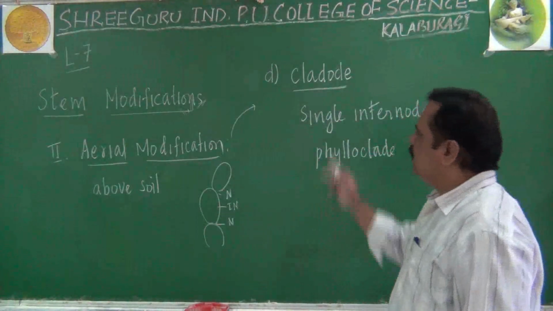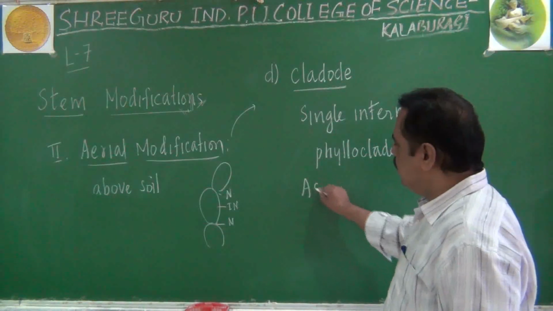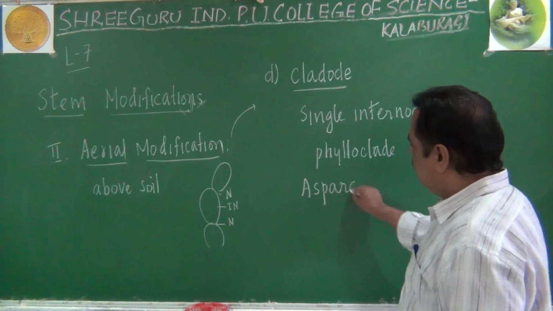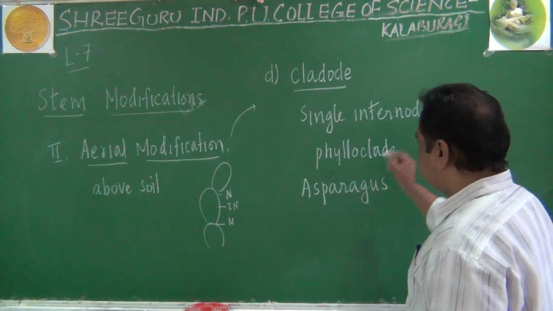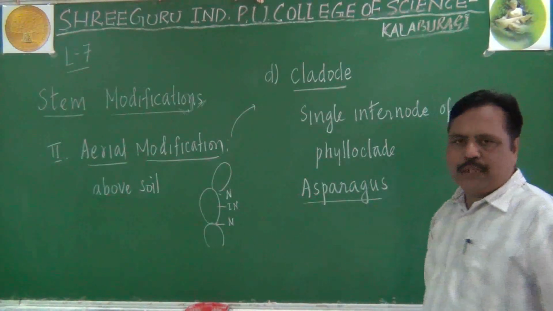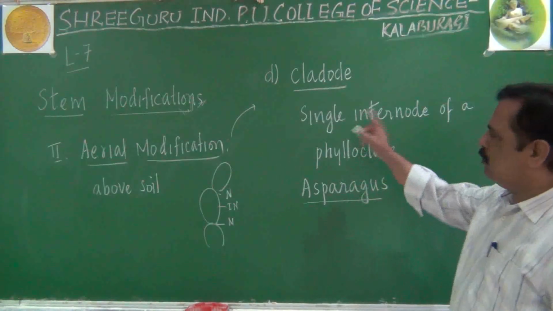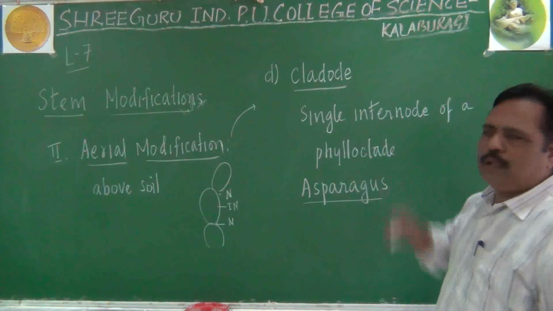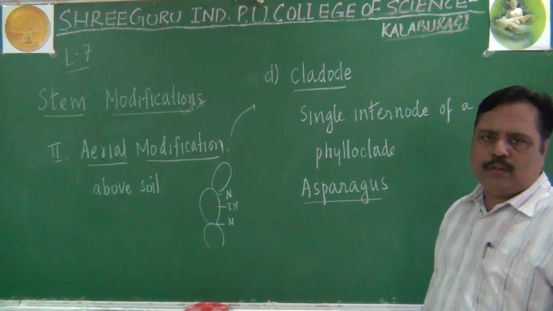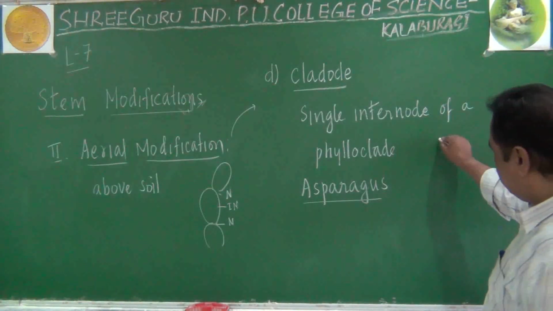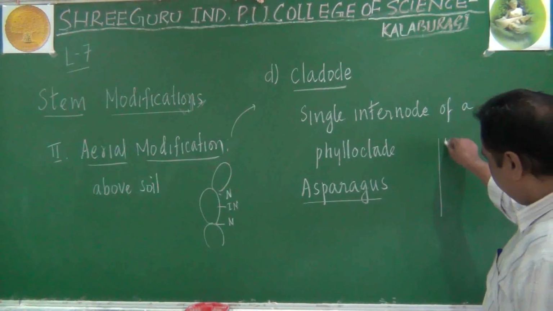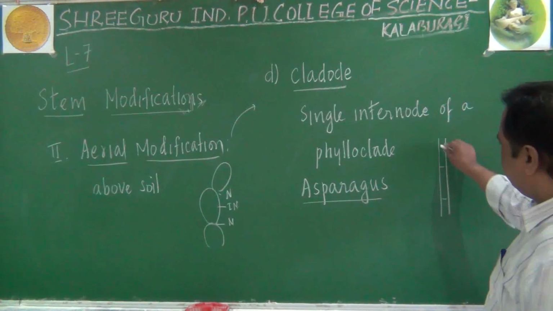Suppose, imagine in some plants like asparagus, which I also mentioned in root modification. Here in the stem of asparagus we also see some modifications called cladode. In the cladode, the stem will be like this with nodes and internodes.